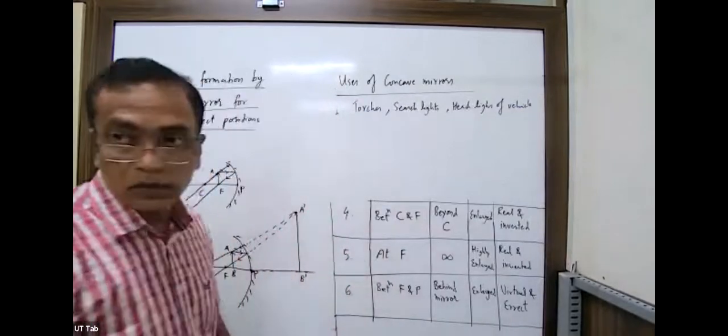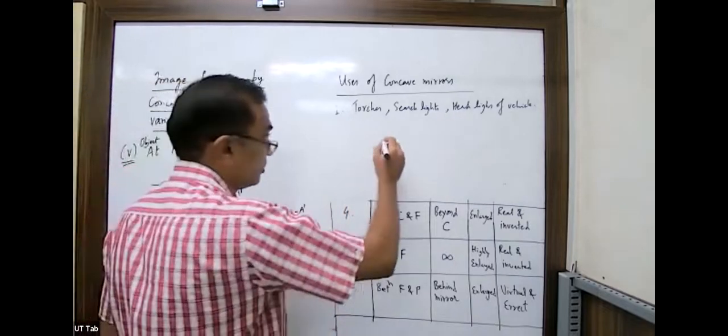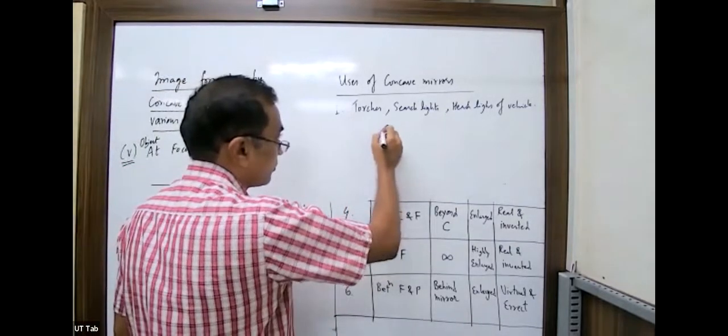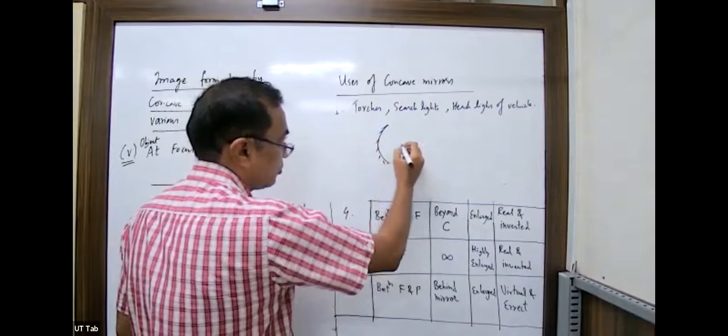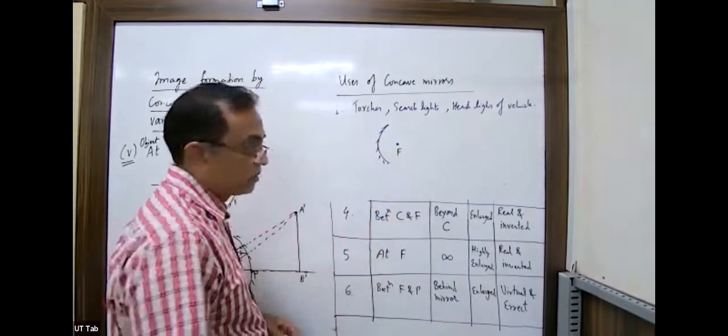Right. So you need a good parallel beam coming out from a torch, right? So how will you get it? You have a concave mirror. You would position the source of light at the focus, right?